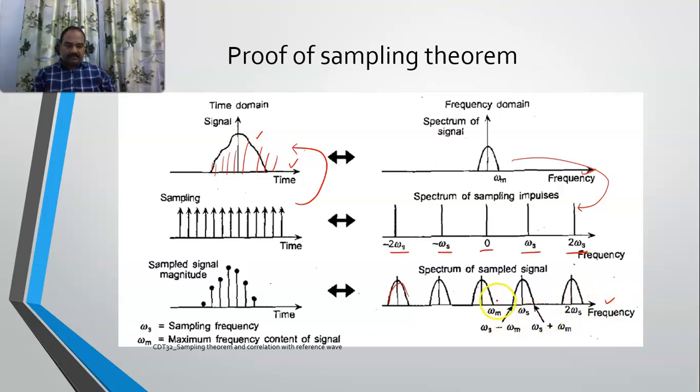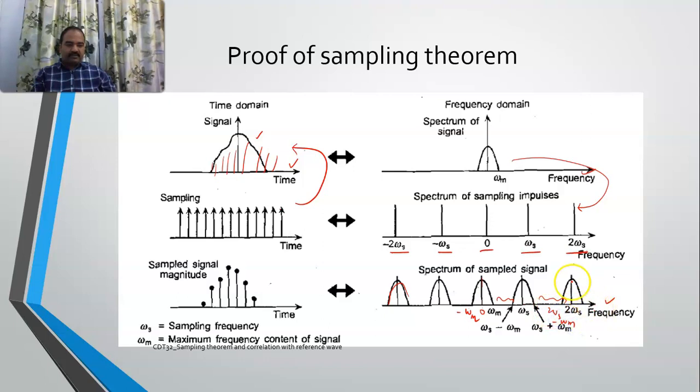There must be sufficient space between these things. Let us suppose this is omega s, and this is 0. This is omega n. Now this is omega s minus omega n, this is omega s plus omega n. This is 0, 0 plus omega n, this is minus omega n. This is 2 omega s, 2 omega s minus omega n.